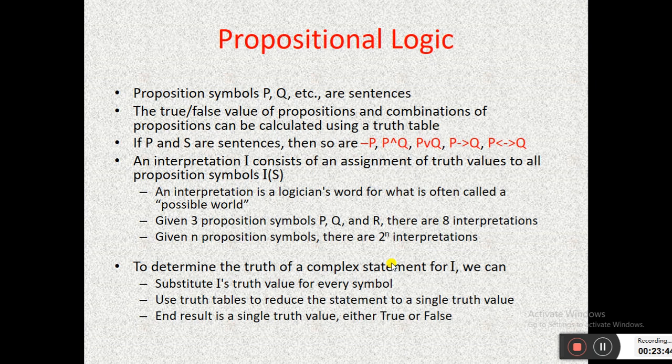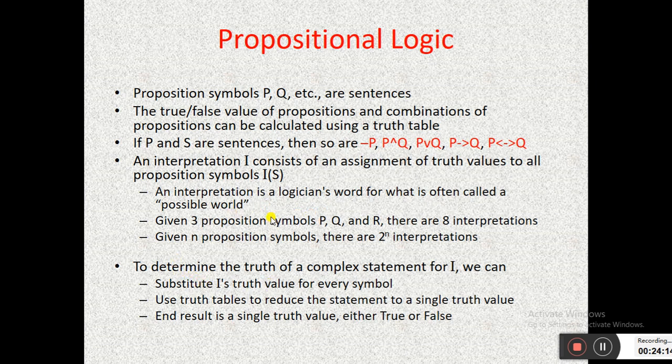So if P and Q are sentences, then so are these in propositional logic: P implies Q, P does not imply Q. An interpretation consists of an assignment of truth values to all propositional symbols, and an interpretation is a logic's world, often called a possible world.